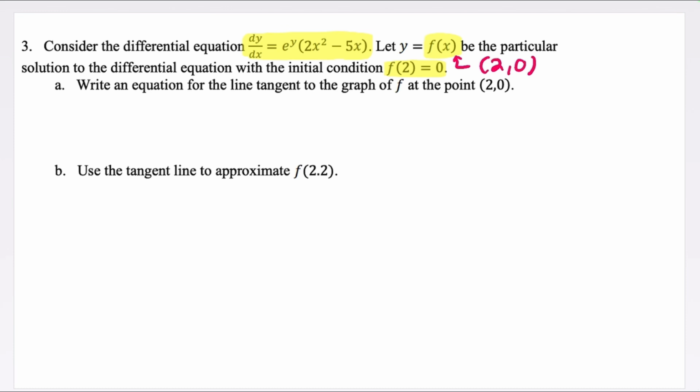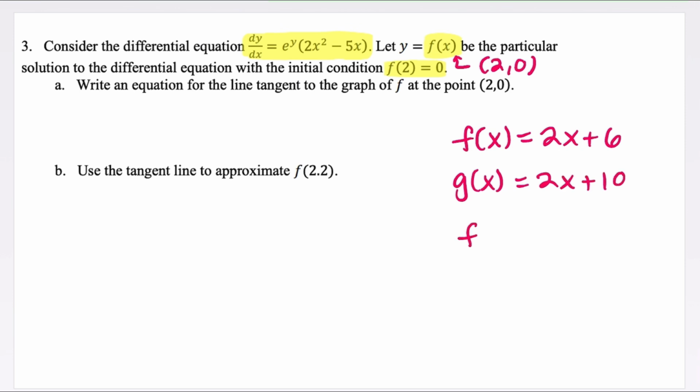Now, what you need to understand is when you take the derivative of something, the thing that disappears and is not a part of the derivative is any constants that were on the original function. So I'm going to make this more basic. If I have f of x equals 2x plus 6 and g of x equals 2x plus 10, the derivative of both of these is 2, right? So if I were just looking at the derivatives, I wouldn't be able to tell what the actual initial function was.